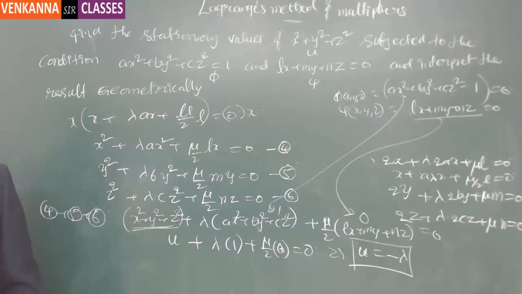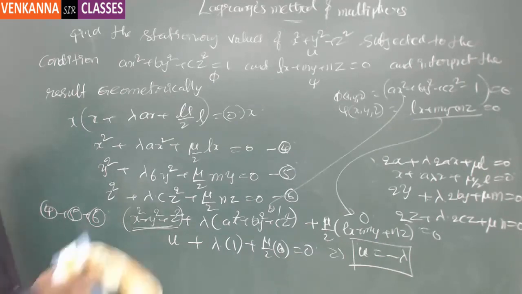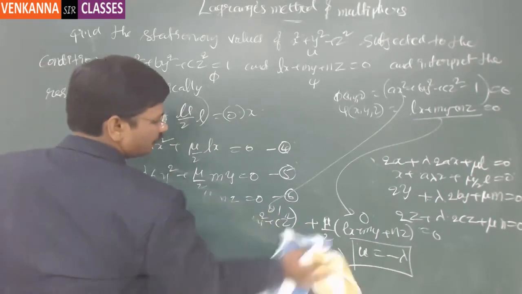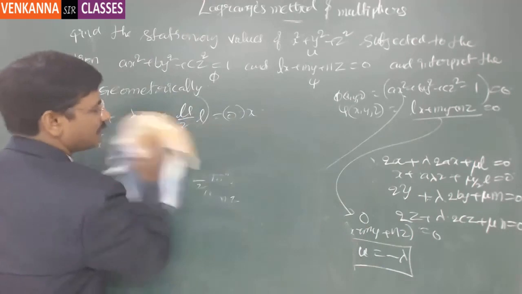Got it? Note it down. So u value is coming out to be minus lambda.